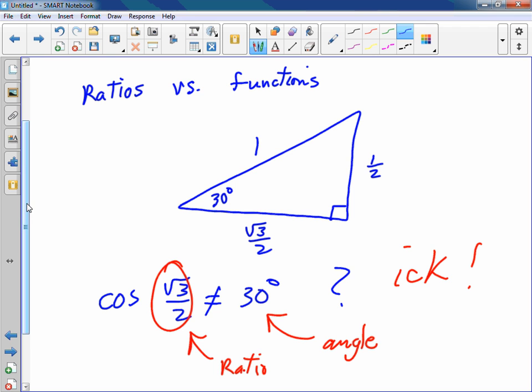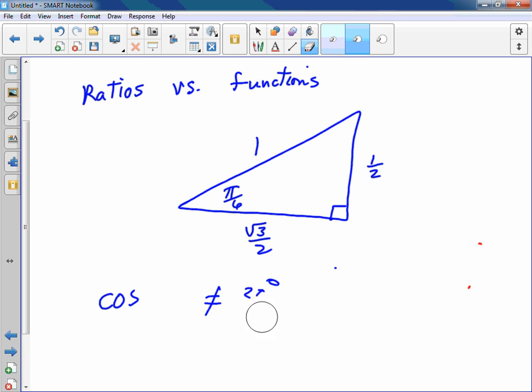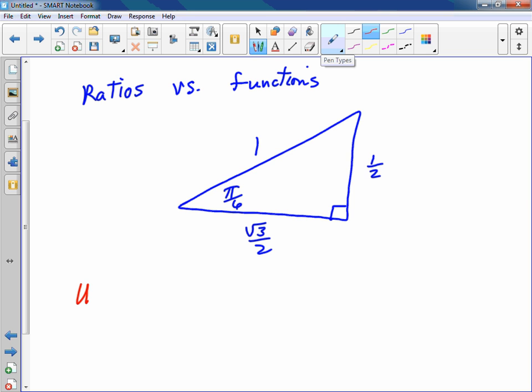Okay, and that gets even more complicated when we start doing this stuff. When we start going, oh no, it's no longer 30 degrees, it's pi over 6, gasp. And then they start to look the same. Okay, but just remember, use cosine, sine, tan function on angles.